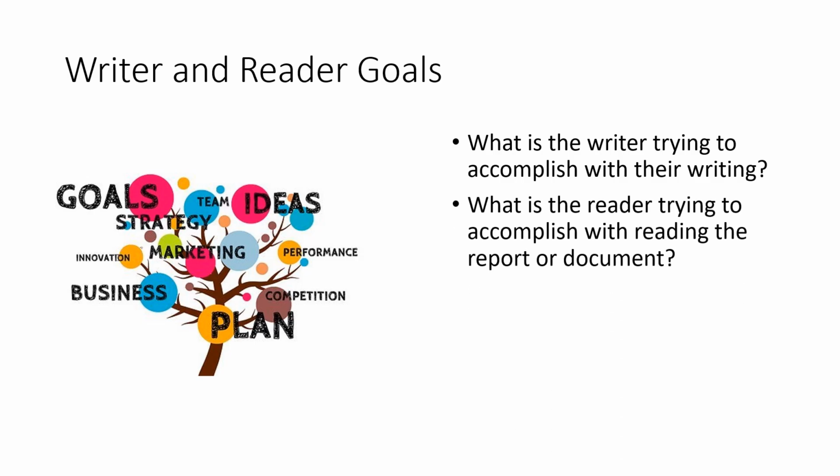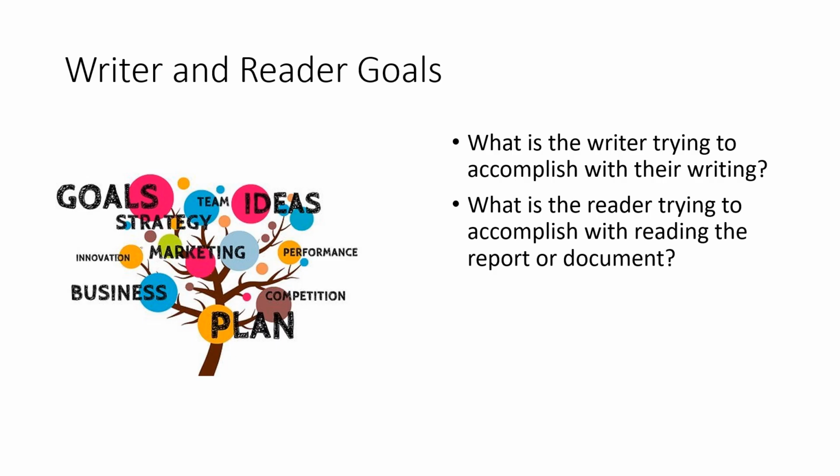What is the reader trying to accomplish? What does the reader need? What information does the reader need? Maybe we're writing a report to our boss explaining to them, okay, this failed. The customer did this, this, this, and this, and that's why our product failed in the field. That's my opinion. And the reader, what is my boss trying to accomplish?